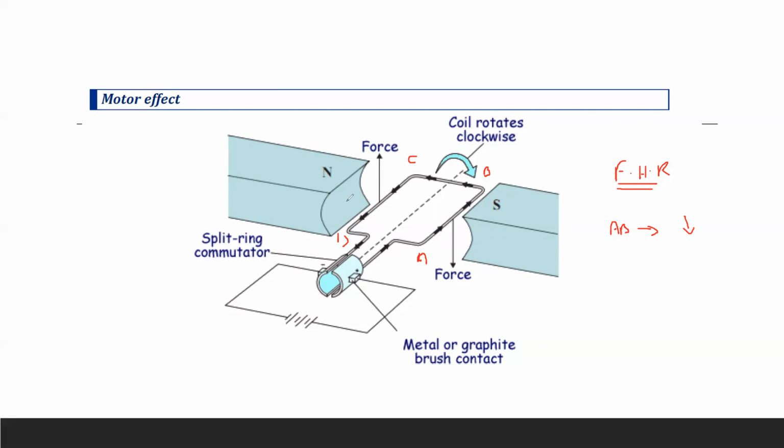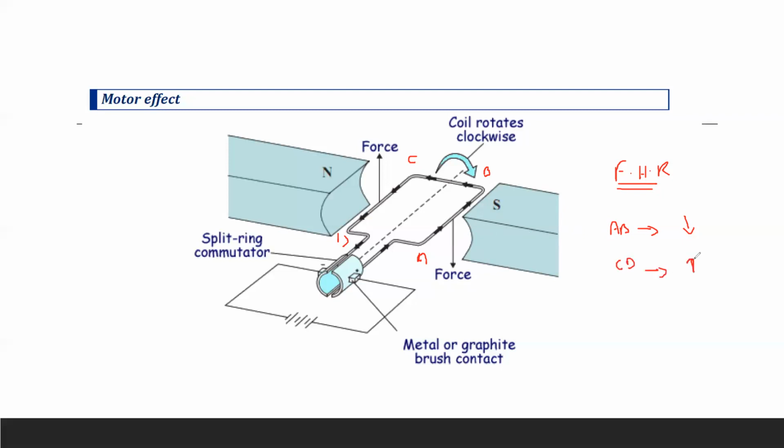For sides CB or DA, because they are parallel or anti-parallel to the magnetic field, not cutting the magnetic field, they will not experience any force. But for side CD, first finger represents the magnetic field, second the direction of the current, and the thumb is pointing up. So for CD, it is up.